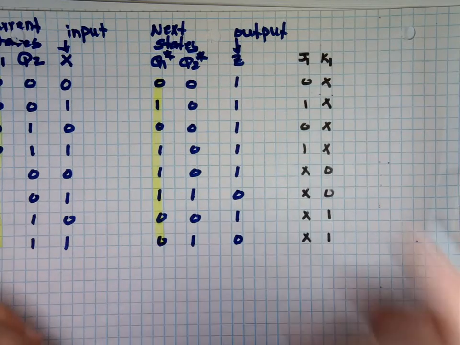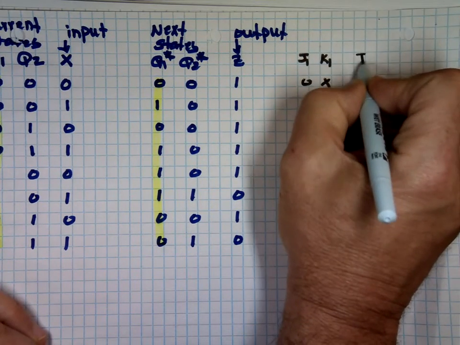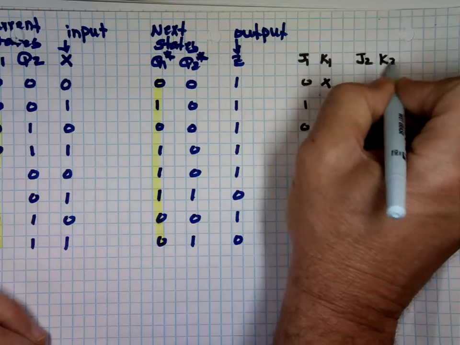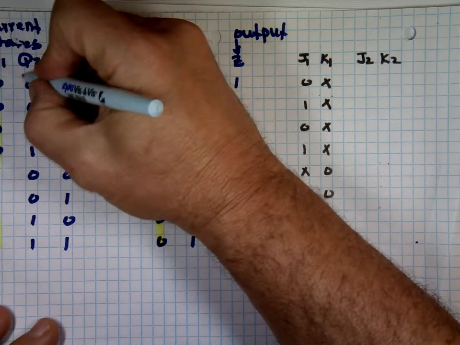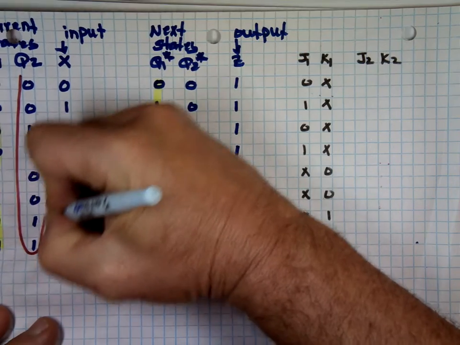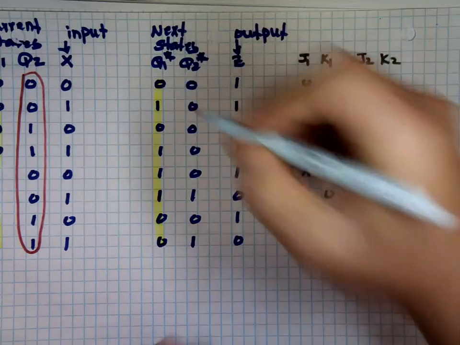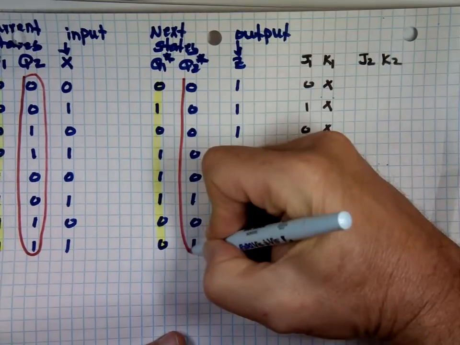Now I'm going to do another one for the second flip-flop, J2 and K2. And that's when I was looking for my marker, the different color. I don't have it, so I'll just do this. Look right here and compare it to this one. It's easy to lose track where you're looking.